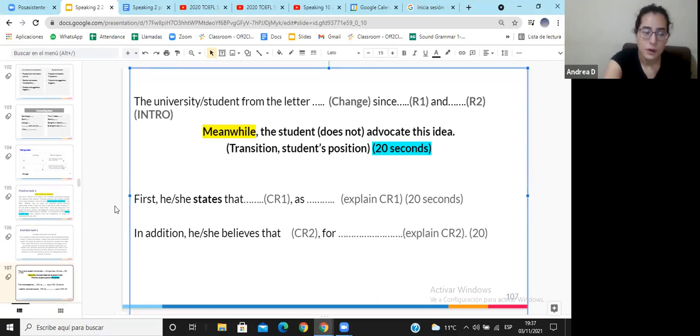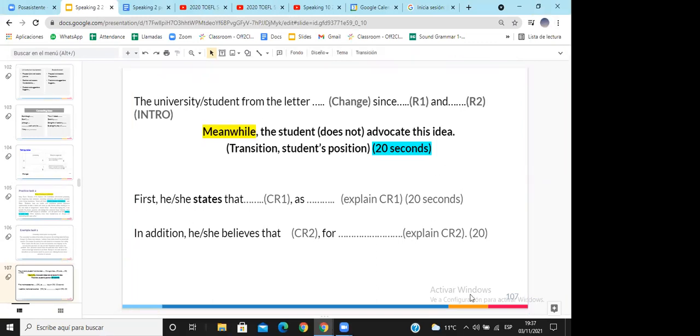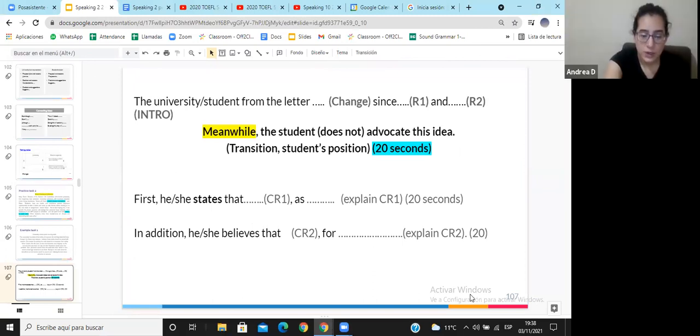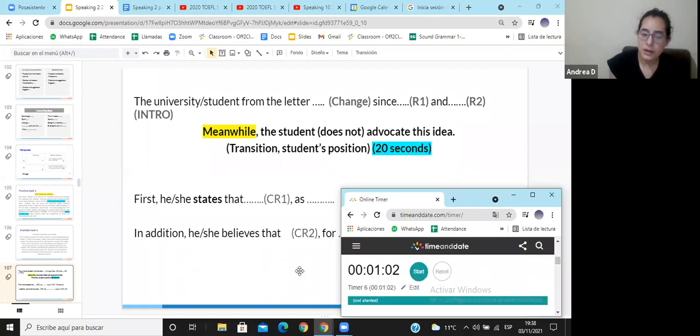Okay. Now, if you don't have questions, is there anybody who would like to try? Now that we have basically done it already, we have mentioned every single thing that we need to include in the response. But is there anybody who would like to put everything together and come up with a response? With the timer and everything?